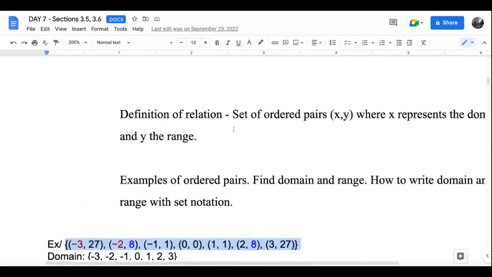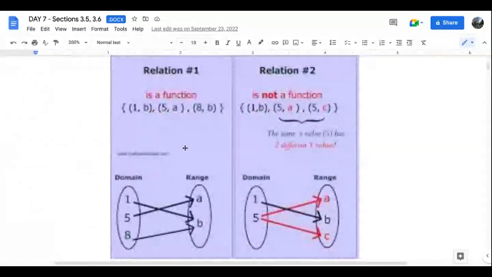Let's see the difference of those two. So these two show us the first one is a function. You see members in the domain, they only go to one place. They cannot go to multiple places. They cannot go to multiple ranges. The second one, you see 5 goes to a, 5 goes to c, so that's not a function.